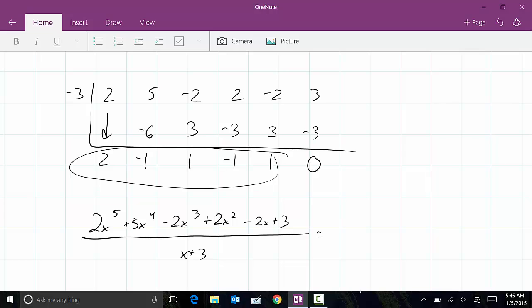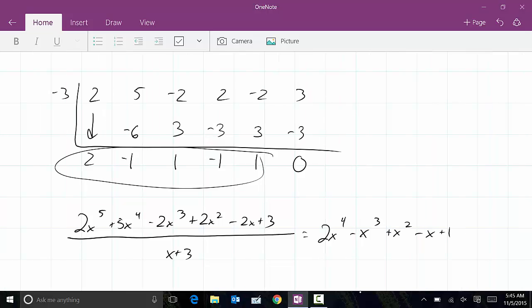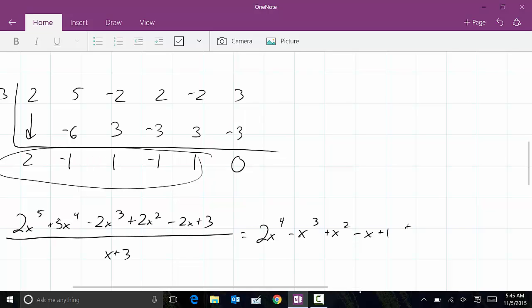And I know we're not dividing exactly by that. It's 2x to the power 5 plus 5x to the power 4, all this stuff divided by x plus 3. That's certainly true, but the degree will be the same. So it turns out that this is 2x to the power 4 minus x cubed plus x squared minus x plus 1. That's the quotient, and then plus the remainder, 0 over x plus 3.